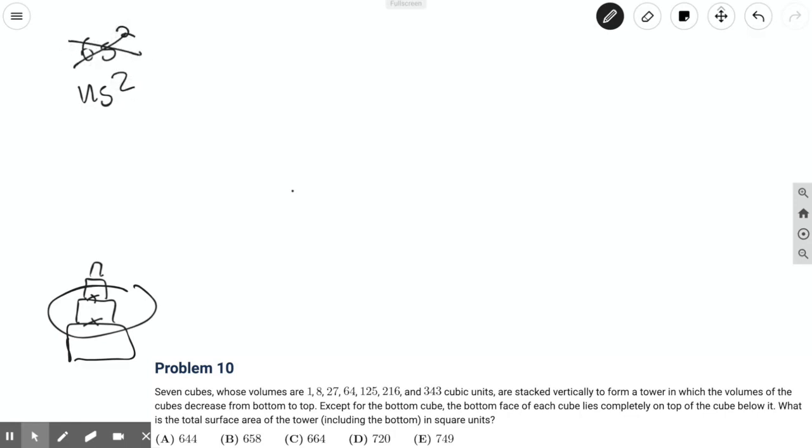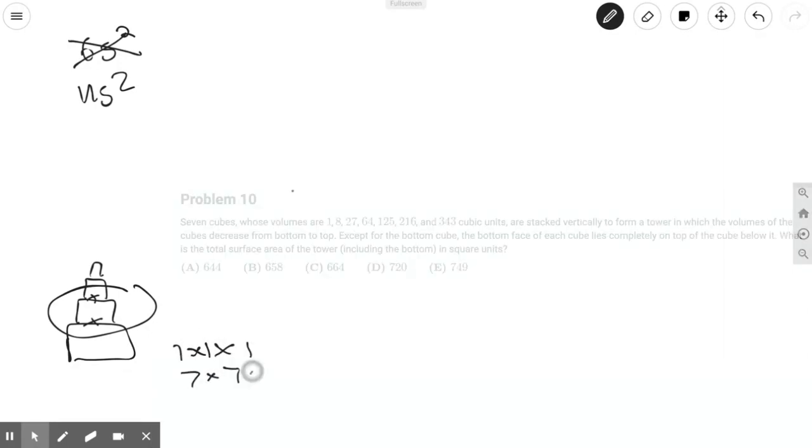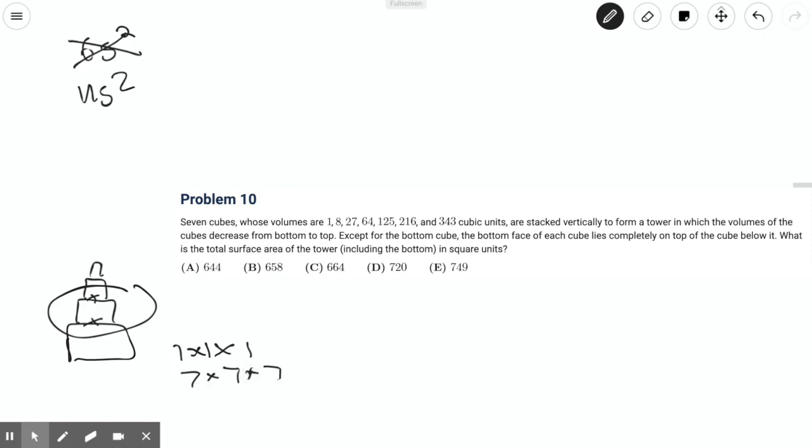Now let's sum this up for all of the cubes. The cubes go from a 1 by 1 by 1 all the way up to a 7 by 7 by 7. We can find the side lengths by taking the cube root of the volumes.